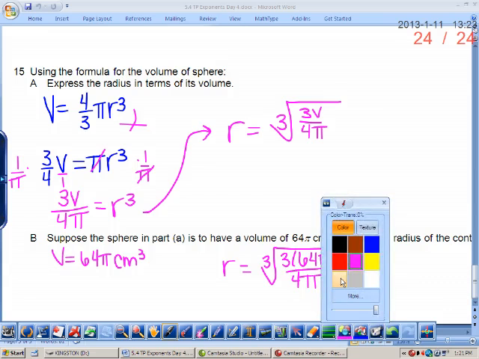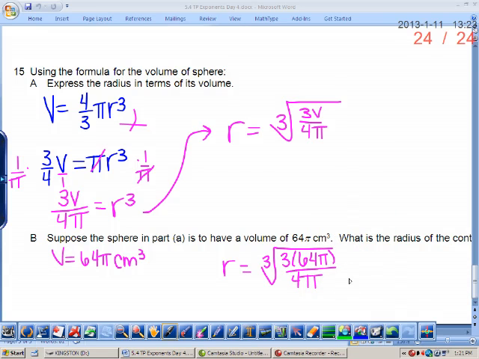Ideas for simplifying this? What is the radius of the container? Basically, what's the radius of the sphere? That's what the question asks. So what can we do with our pi's? Cancel them. And then I don't really want to multiply 3 times 64, but can't I reduce 64 and 4? How many times is 4 going into 64? 16.